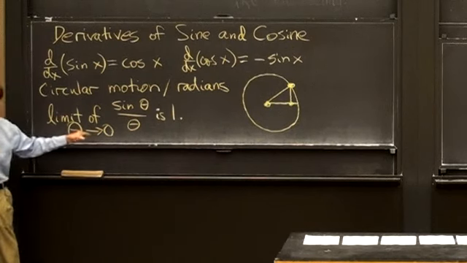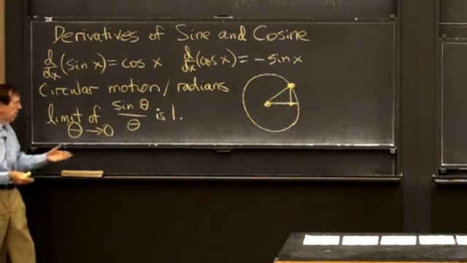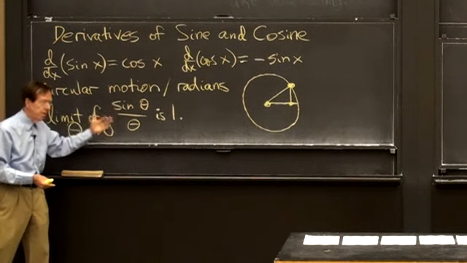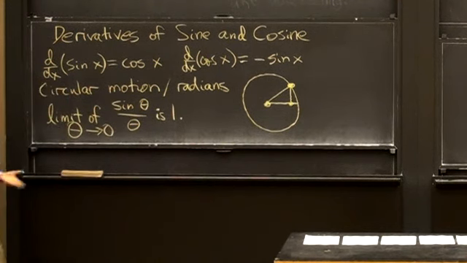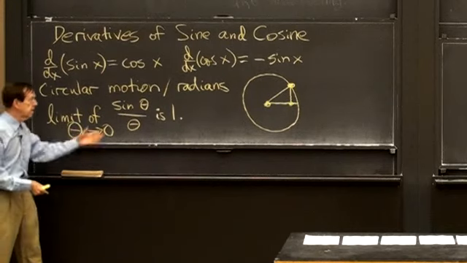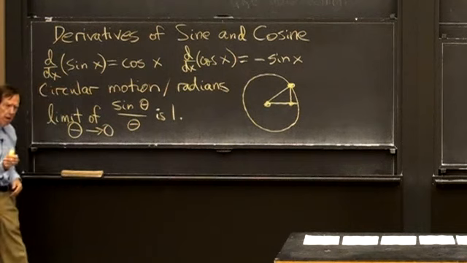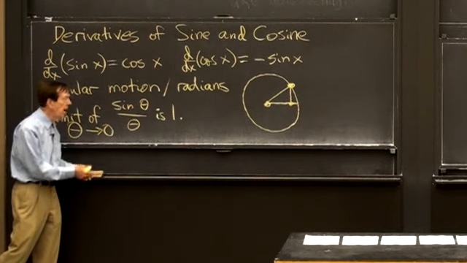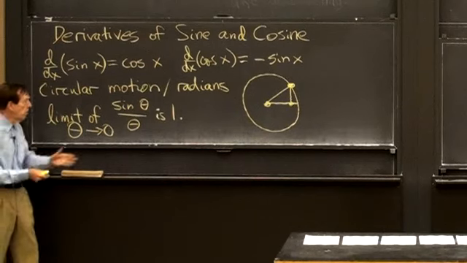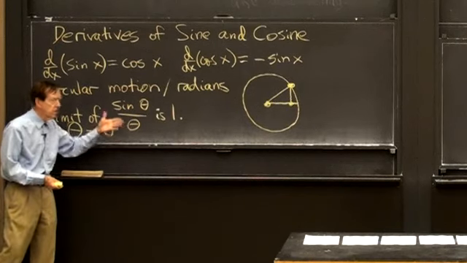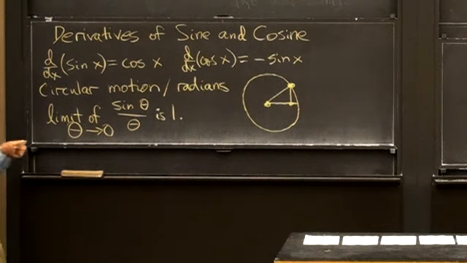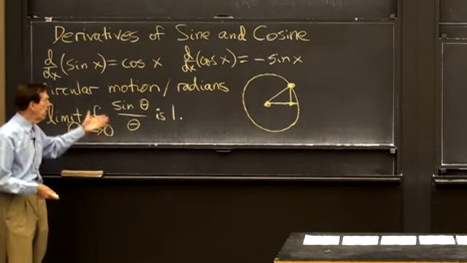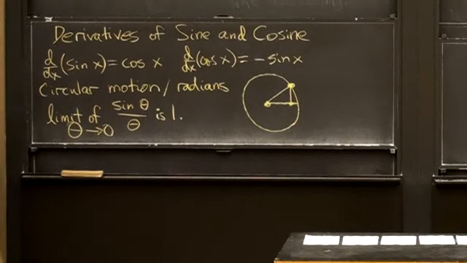Of course, at 0, the sine of 0 is 0, and so we have 0 over 0. This is the big problem of calculus. You can't be at the limit because it's 0 over 0 at that point. But you can be close to it. And if we drew a graph, or had a calculator, we would see that that ratio is very close to 1. But today, we're going to actually prove it from the meaning of sine theta.